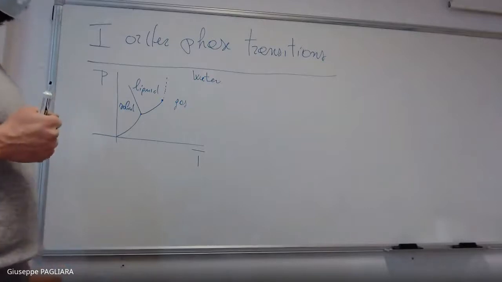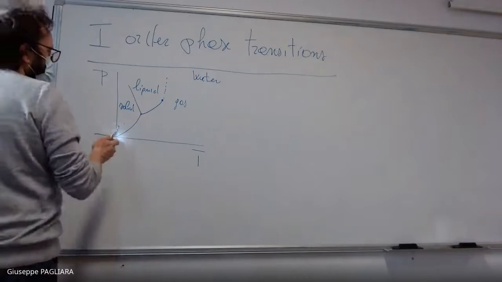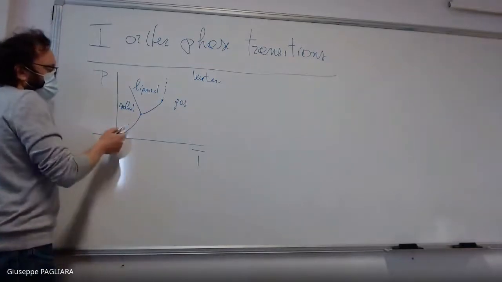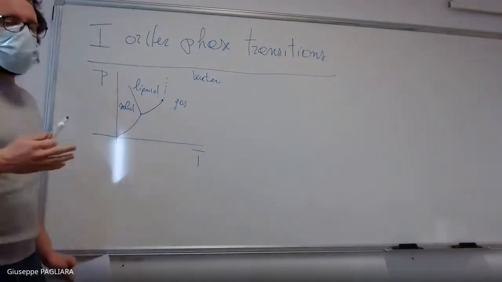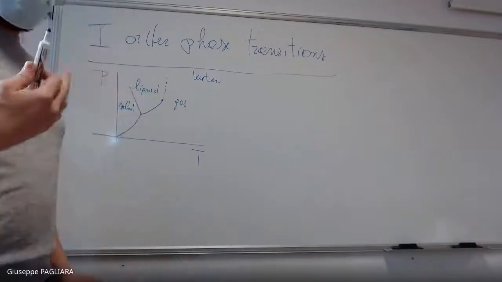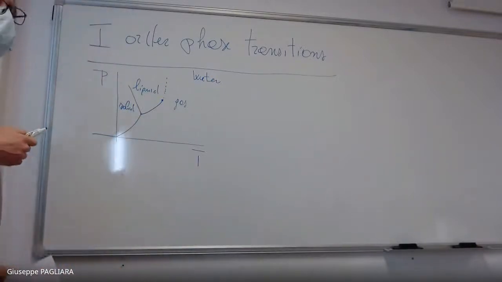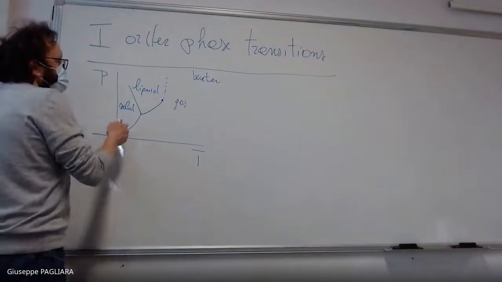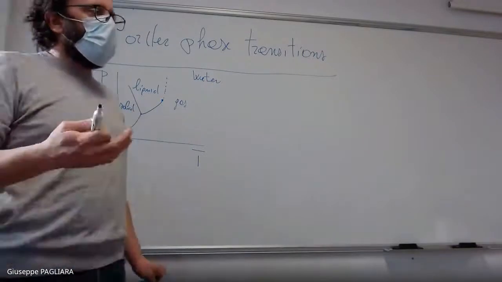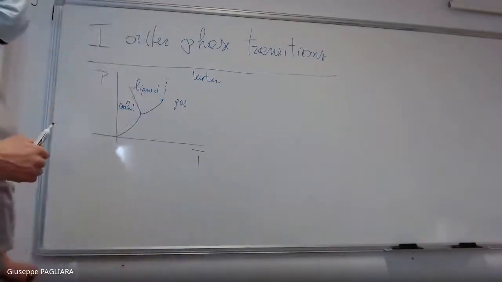We will see why we call them first order phase transition. But the thing is that at this level they separate two phases which are clearly different from each other. So for instance, ice and liquid water are clearly different from each other.